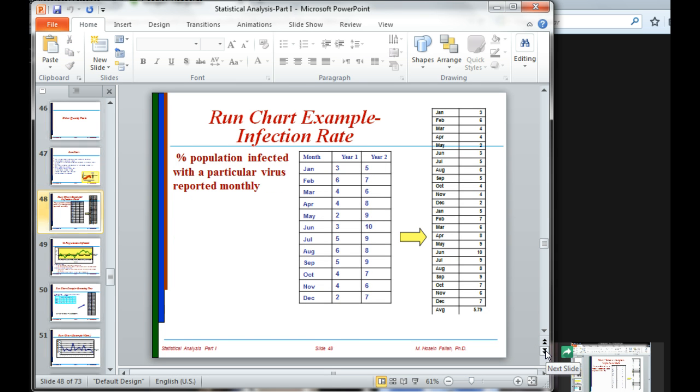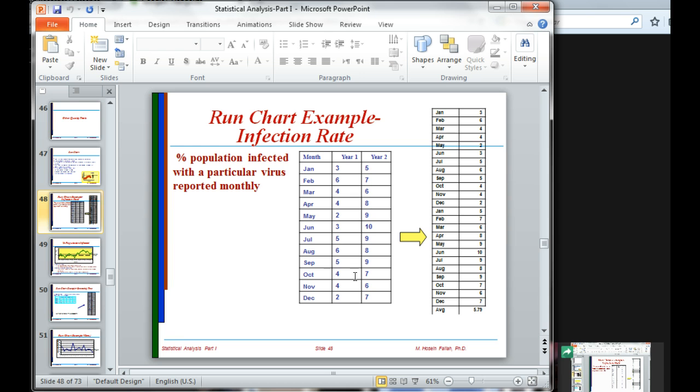Now, just to show you an example, let's say that the CDC, I don't know, this is not from the CDC, but I made this example, tracks the infection of various types of diseases in the country. If you think about the cold, over time they look at every month the percent of people that got a cold or other diseases.